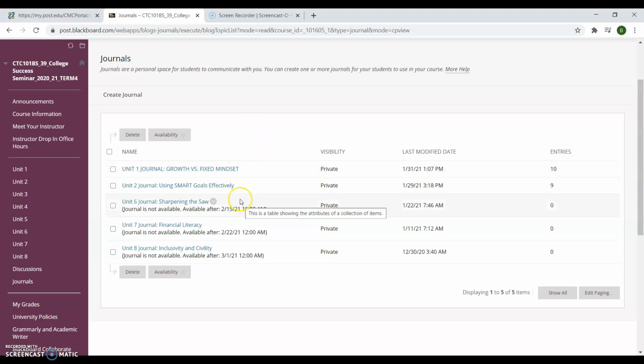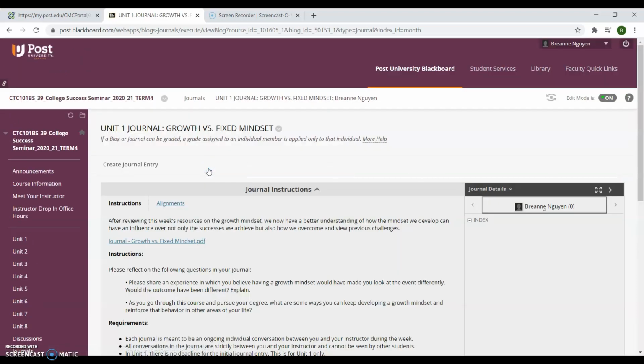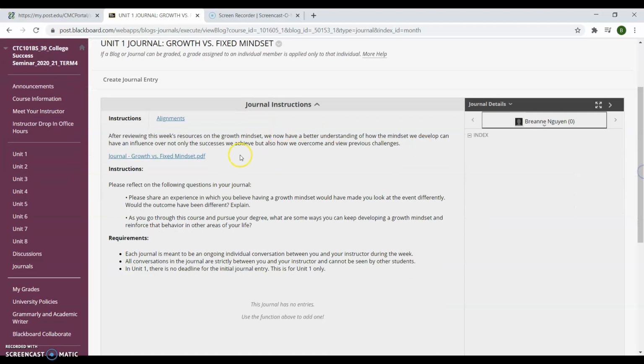The next time that a journal is due will be next week, which is Unit 6 or week 6, and then there'll also be one due in week 7 and week 8. Again, you can just click on that journal title and it shows you the exact same thing that it did if you access it through the unit tab. So either way you can access the journals.